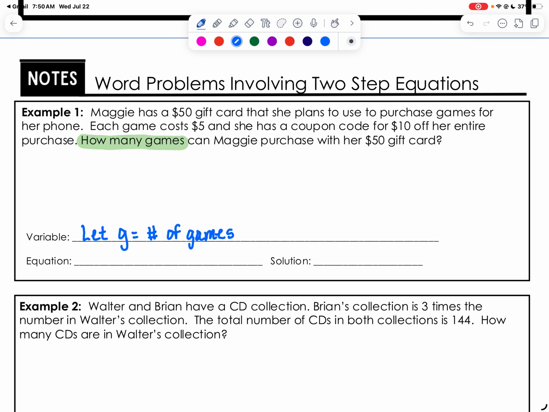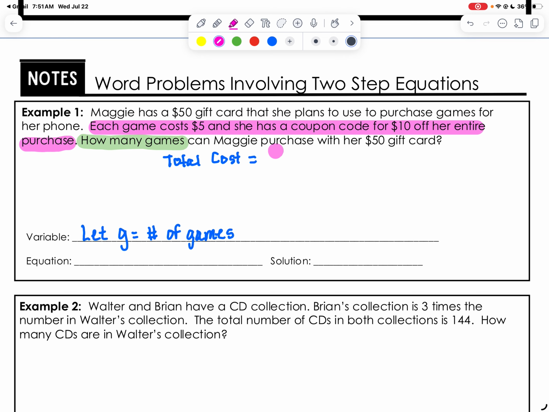Now, in this problem, let's write this down, the total cost is equal to, let's go back and see what the total cost is. Each game is $5, and she has a coupon off her entire purchase.